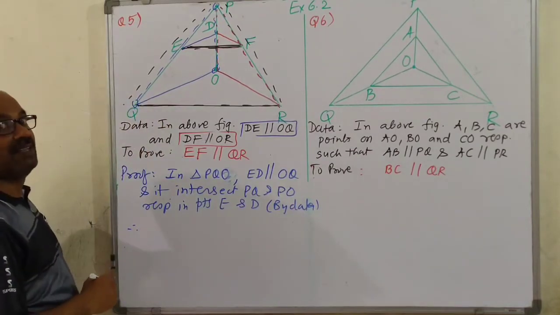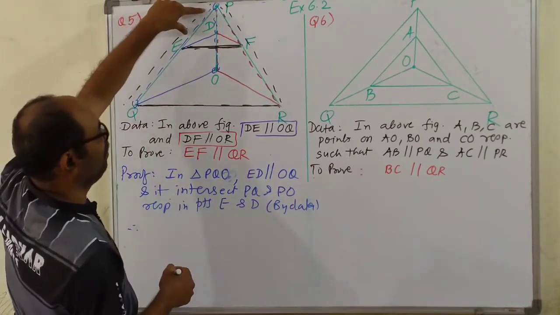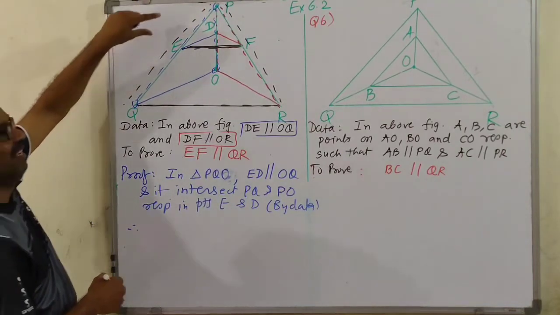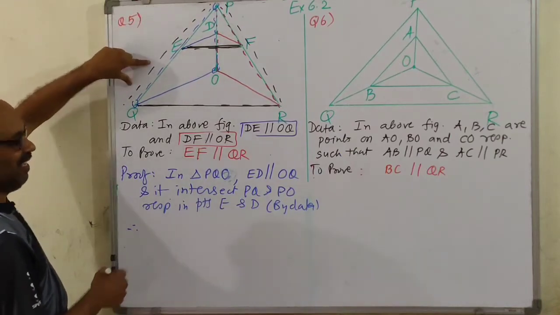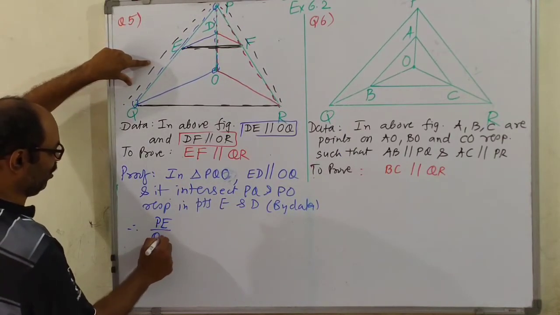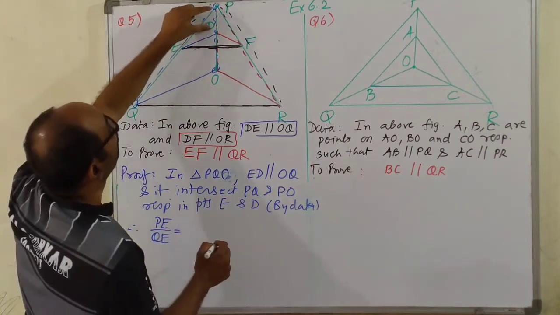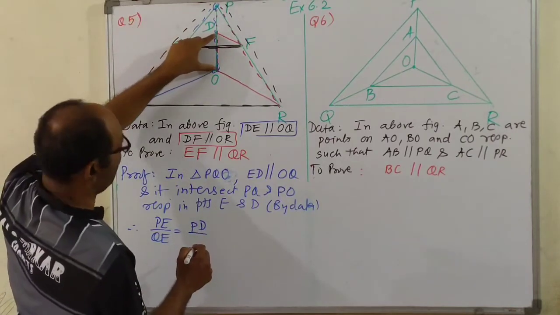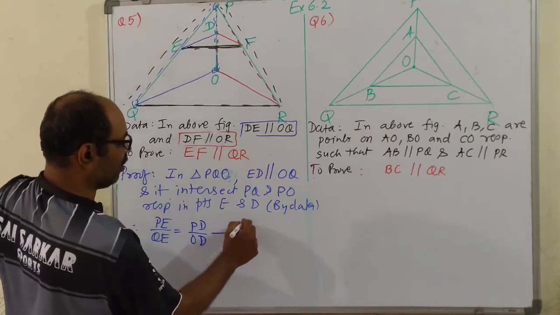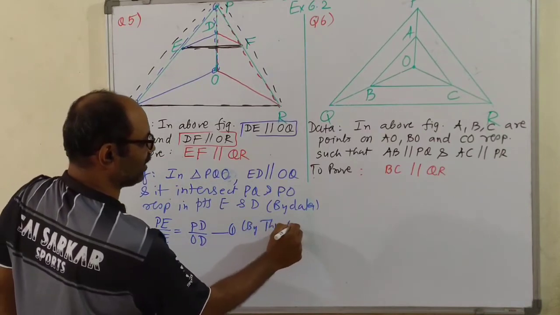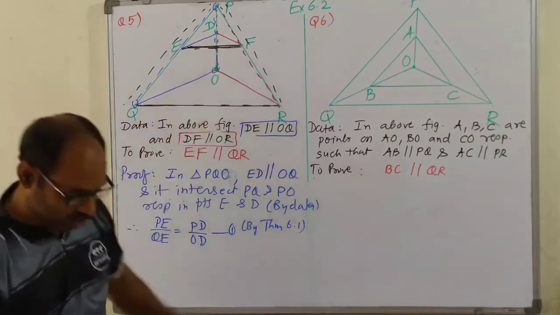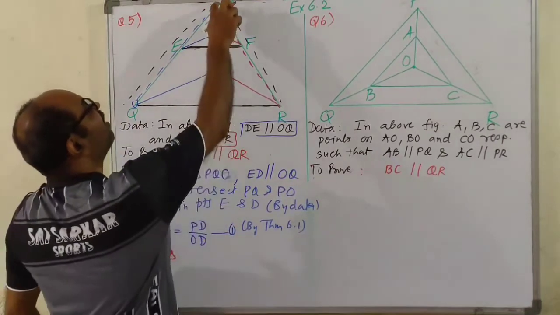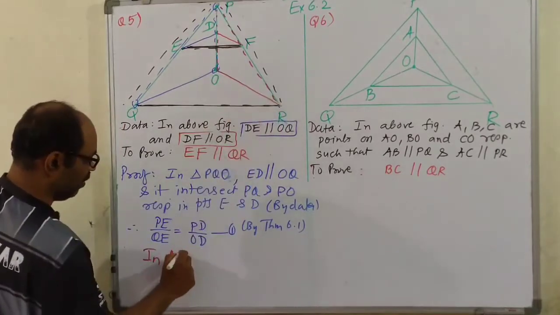Therefore, by theorem 6.1, PE upon QE is equal to PD upon DO. Result 1 by theorem 6.1. Now look in red triangle. In triangle red, that is POR.